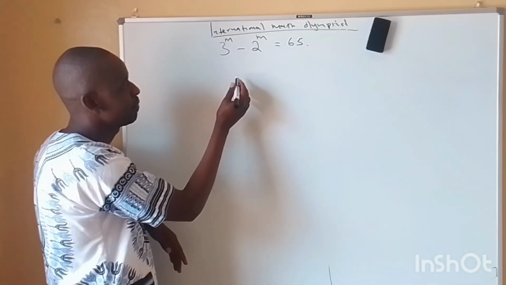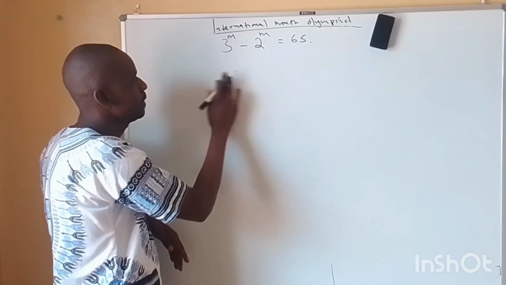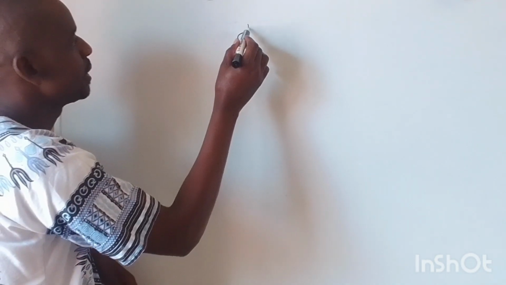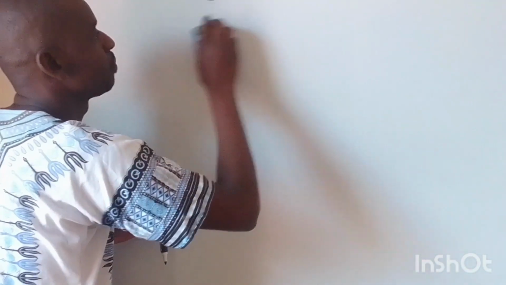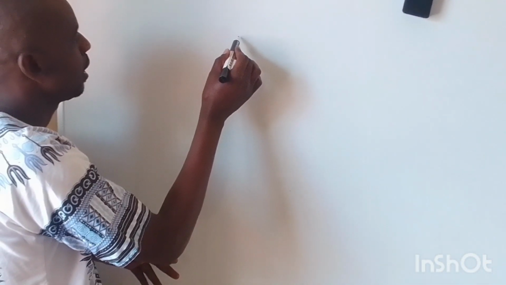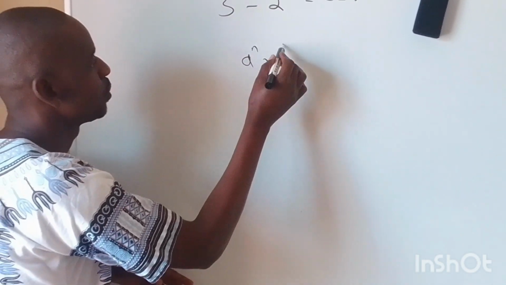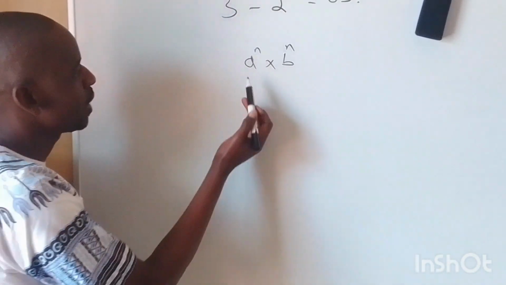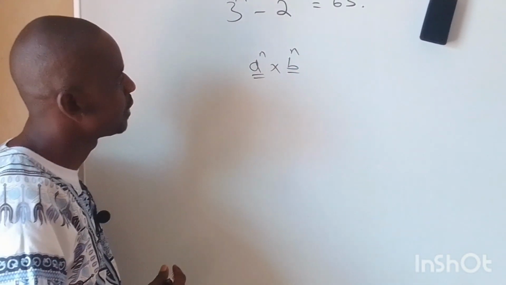if you have a raised to n multiplied by b raised to n, you can see the bases are different, but the exponents are the same.